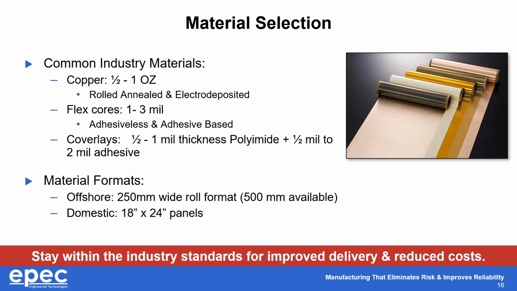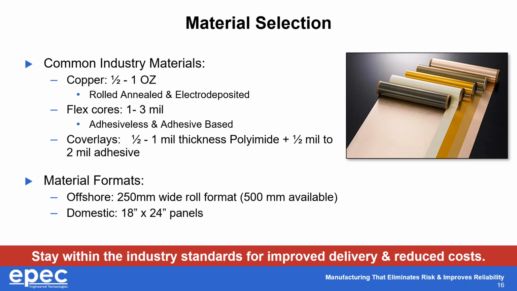The adhesive thickness needs to vary according to the copper thickness that you're working with to ensure that you encapsulate and laminate the coverlay on correctly. Another element in material selection that's important to note is that there's a significant difference in the format of the materials comparing offshore production versus domestic production.